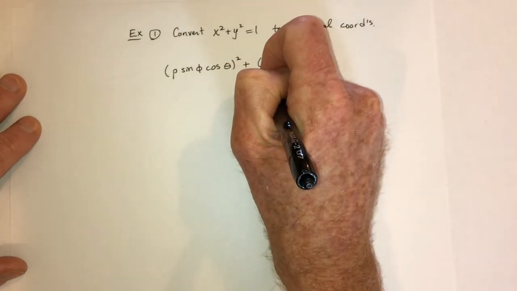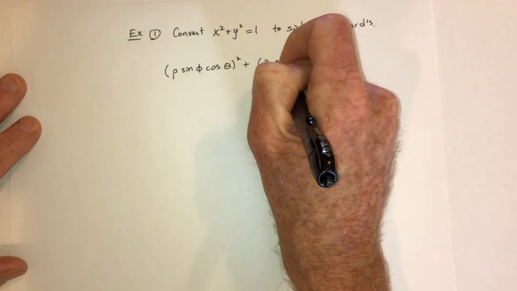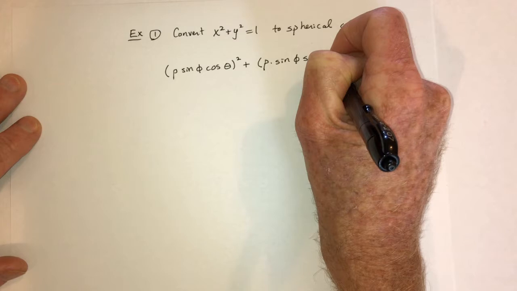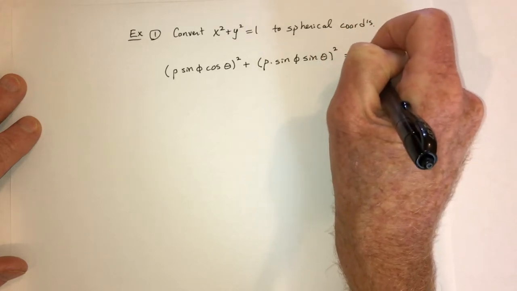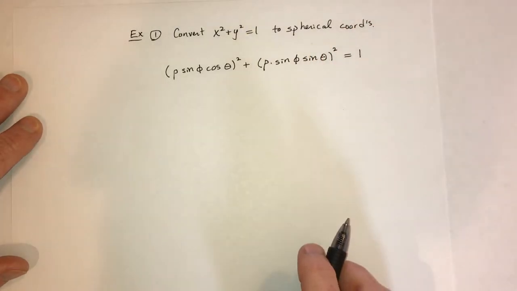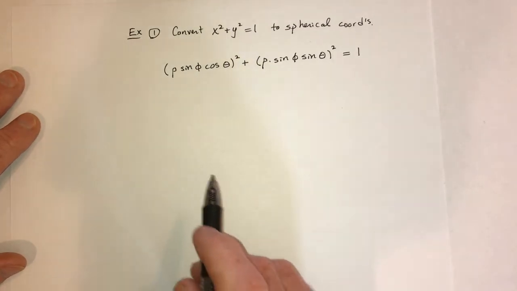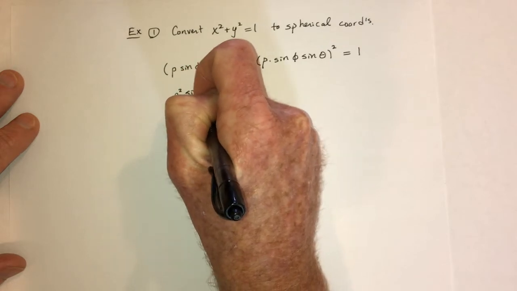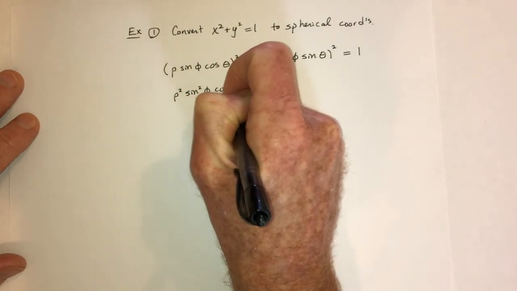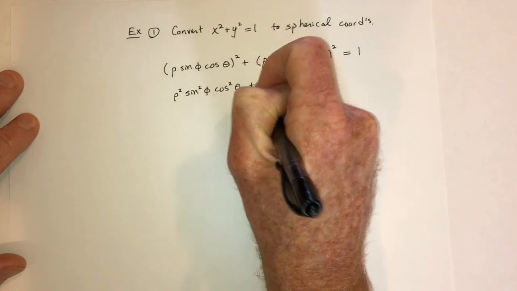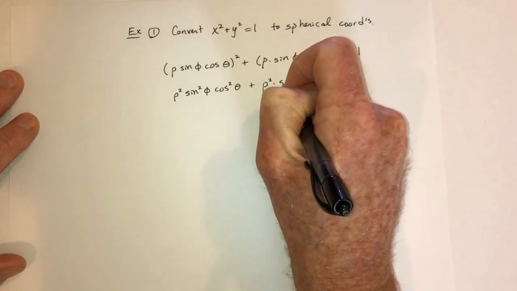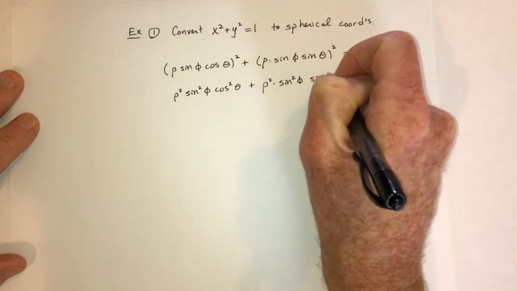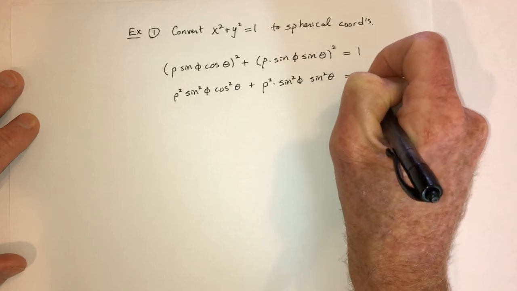Plus, you replace y with rho sine phi sine theta, and that gets squared, and it equals 1. Then everything needs to be squared, so that's rho squared sine squared phi cosine squared theta plus rho squared sine squared phi sine squared theta equals 1.